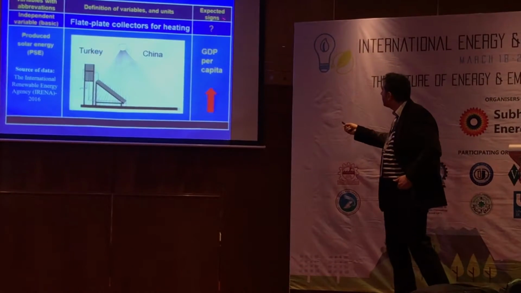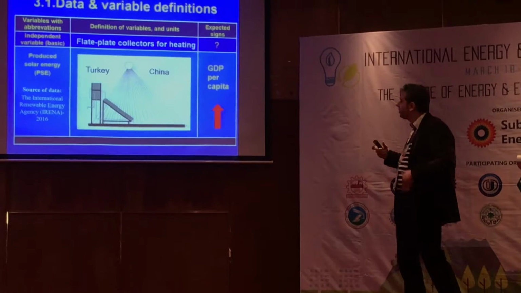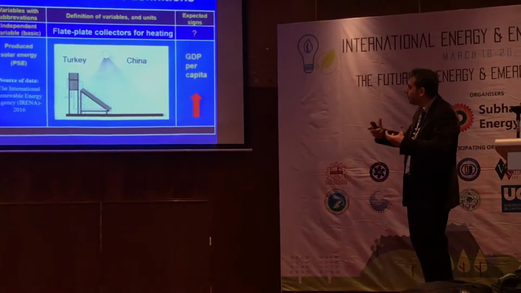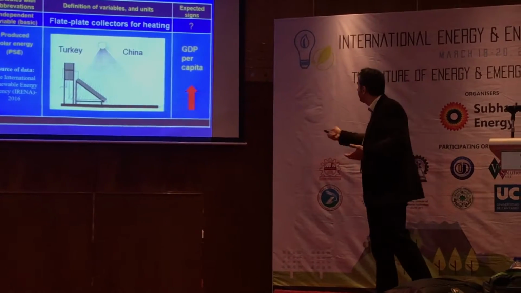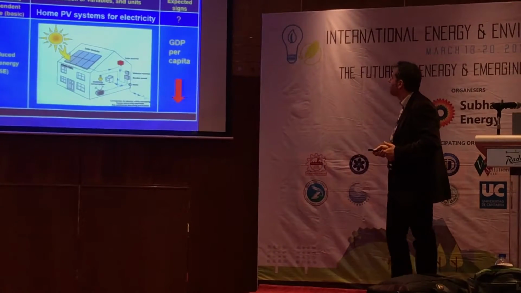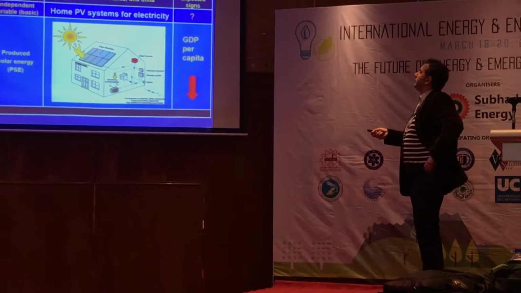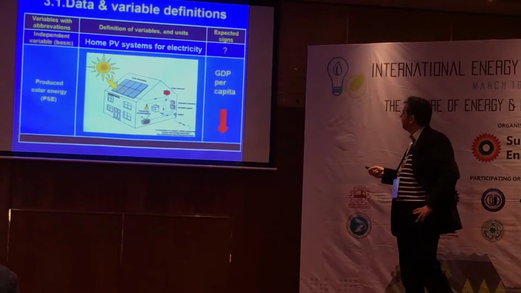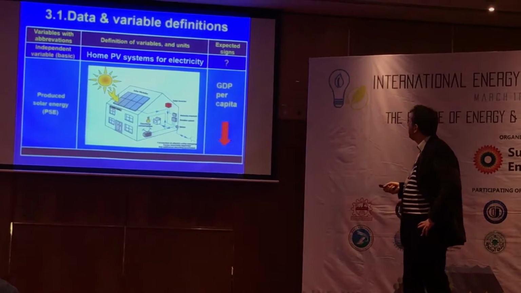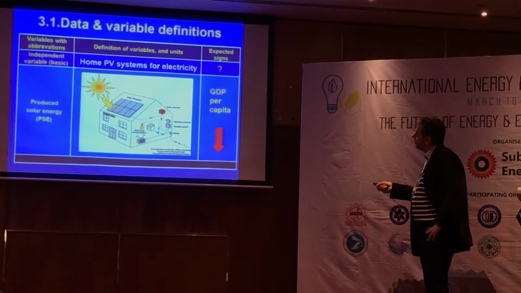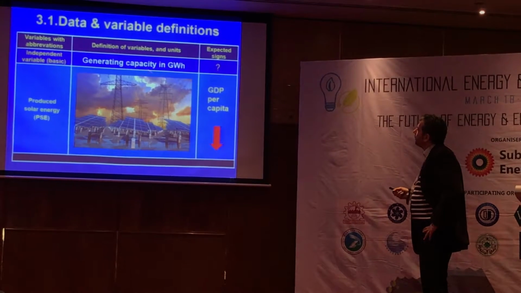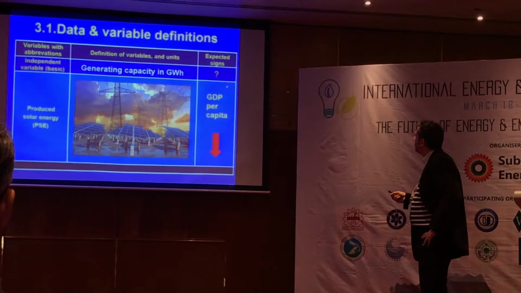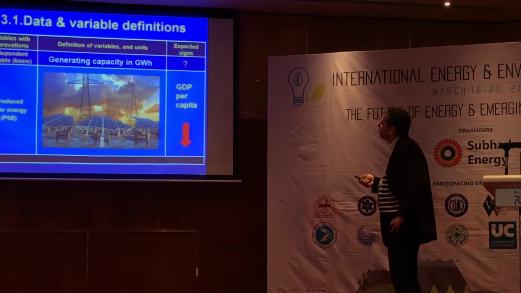We are curious about the expected sign: how producing solar energy in a group of 20 countries will affect GDP per capita. And here you see another concept, photovoltaic systems, for producing electricity this time, and its unit is gigawatt hours of produced solar energy. We will look at the sign.